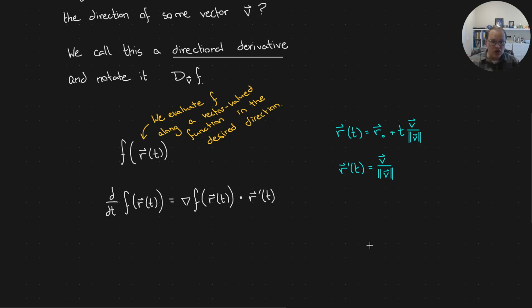And that's my derivative, just the unit vector pointing in the direction I want. Okay, so if I plug in, I get r of t, which is r naught plus t times v over norm of v, and I take the dot product of that with r prime, which is just v over norm of v.